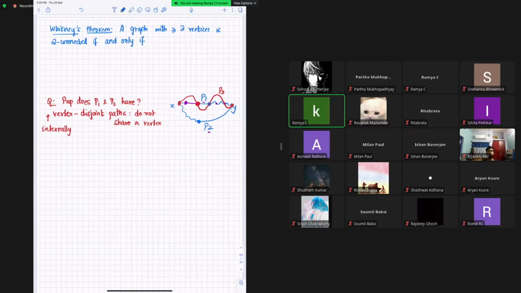So it's two connected if and only if every pair of vertices in G are connected by at least two internally vertex disjoint paths. So is the statement making sense?